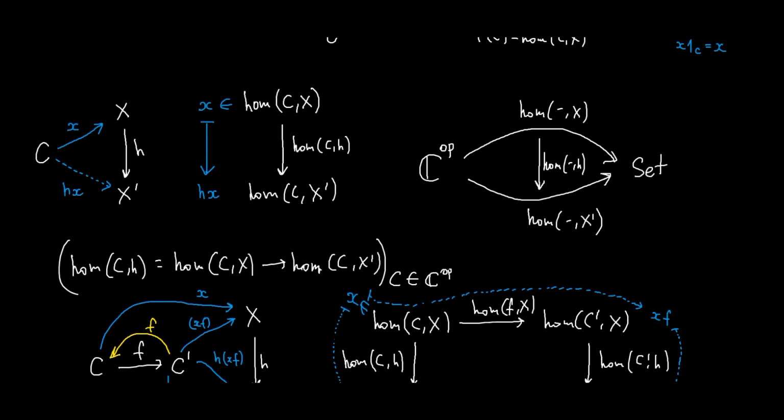So functors from C op to set will form a category. It's called the functor category. And we will then get a functor from C going all the way to this functor category, which we will write as set to the power C op. This is the functor category.